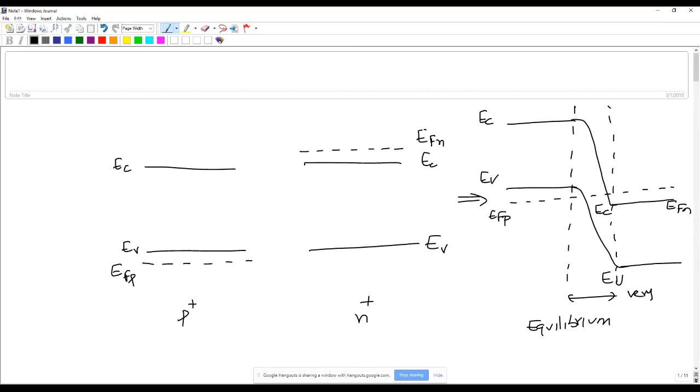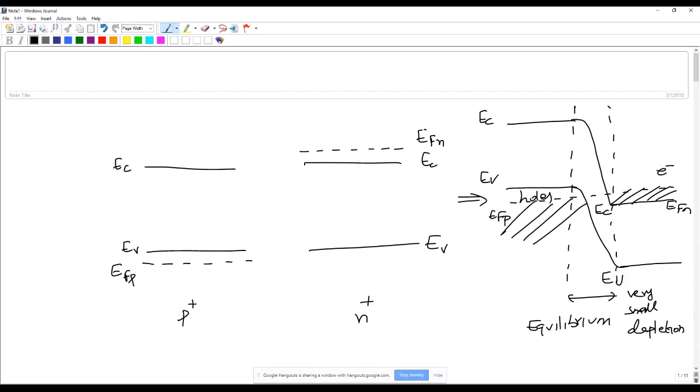So you have a very small depletion region, and that is what is responsible for creating this tunneling effect. Here you have excess holes. All of these are electron states. So you have a lot of holes here. Here you have a lot of electrons.